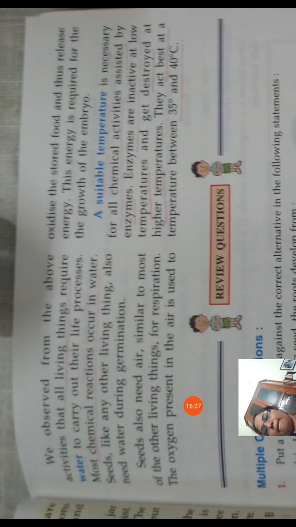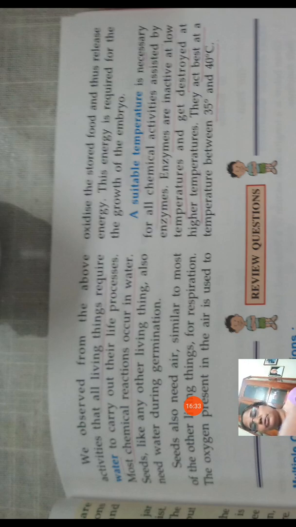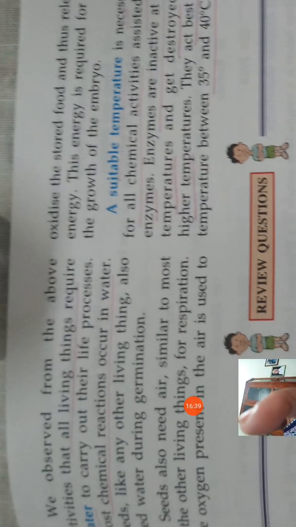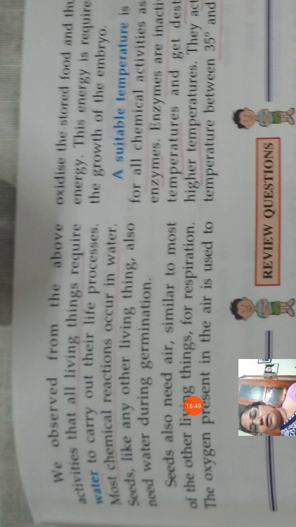Then another thing you have to notice is that water is necessary for all living things, even for the seeds. All the chemical reactions of the seed for its germination take place only after getting enough water.